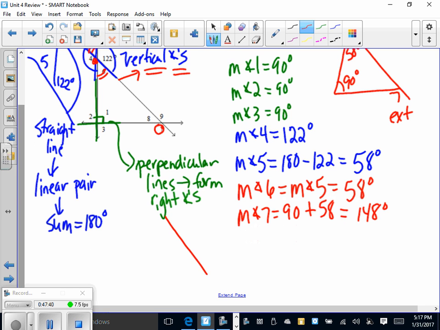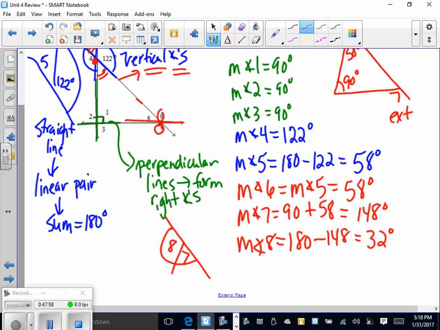Then, angle 8 and angle 7 form a straight line, so they add up to 180. So I have 180 minus 148, and I'm going to get 32 degrees. Angle 7 and angle 9 share a common vertex, so the lines cross each other. So angle 9 is congruent to angle 7, so that is also 148 degrees.